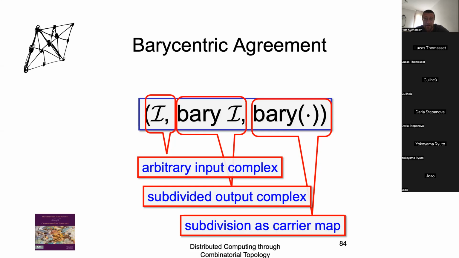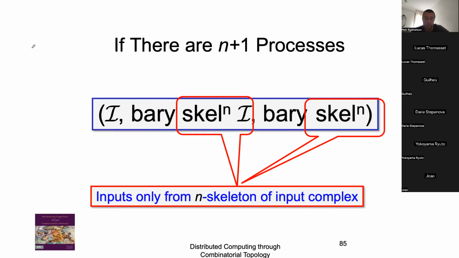If you have only n+1 processes, your system is n-dimensional. Then in your task, you don't have to consider simplices of dimension higher than n, because these simplices do not correspond to any execution. In a system of n+1 processes, you cannot have executions in which n+2 or more processes participate.